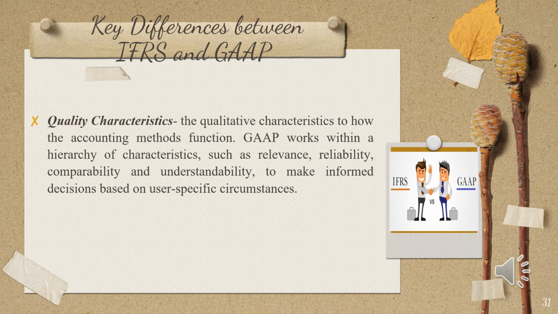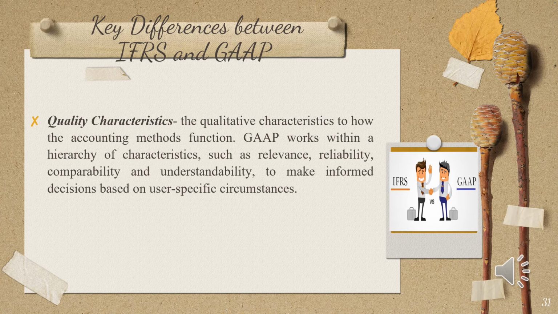The last difference between the two accounting standards is the quality characteristics. The qualitative characteristics refer to how the accounting method functions. GAAP makes intelligent decisions based on user-specific conditions using a hierarchy of attributes such as relevance, comparability, and understandability.